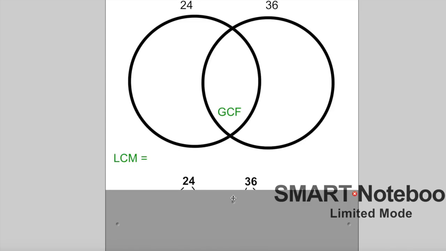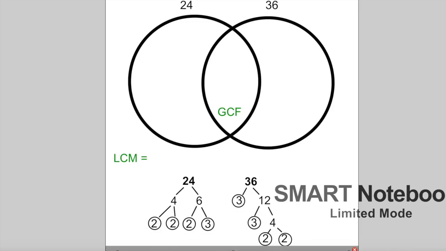So again, your trees can differ, but at the end, we will have the prime factors of 24 are 2, 2, 2, 3. And the prime factors of 36 are 3, 3, 2, 2. So the first step is to list those in our diagram.